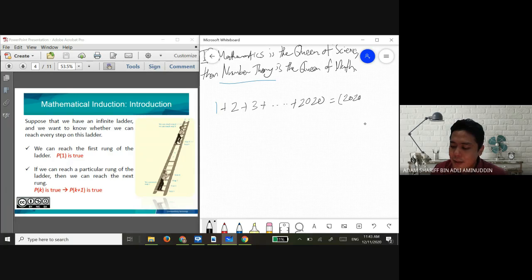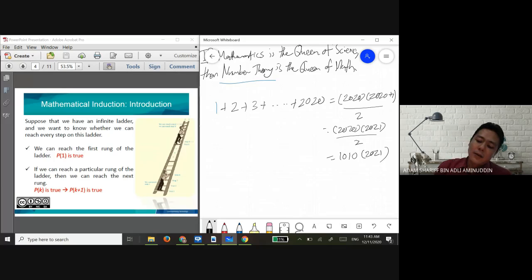It will be 2020 times 2020 plus 1 over 2. You can calculate this quickly with a calculator, and it becomes a single integer.